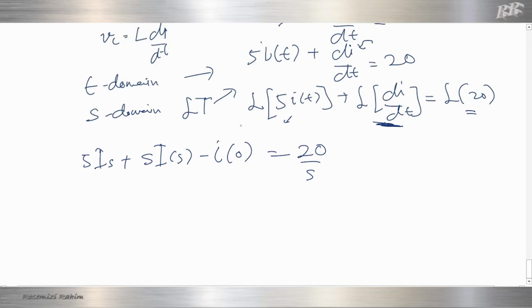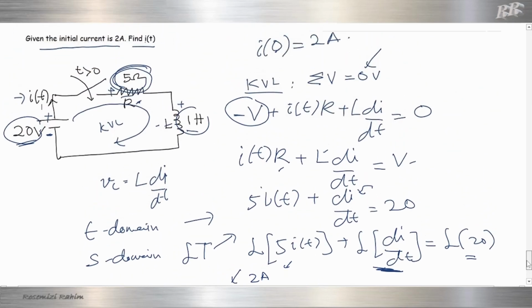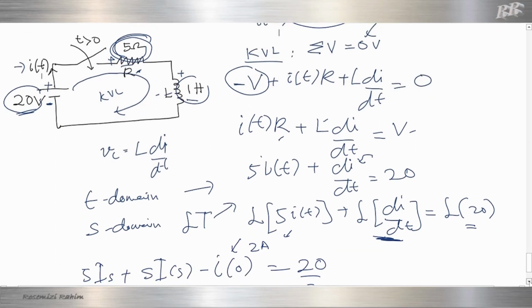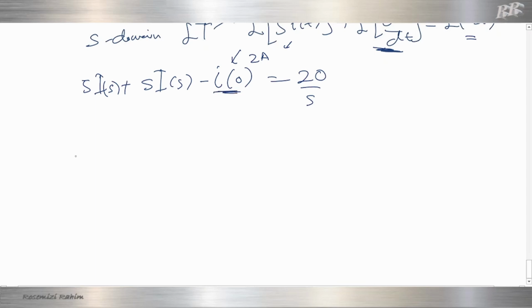I(0) is the initial condition for current, which was given in the beginning: the initial current is equal to 2 ampere. So now we replace I(0) with 2.